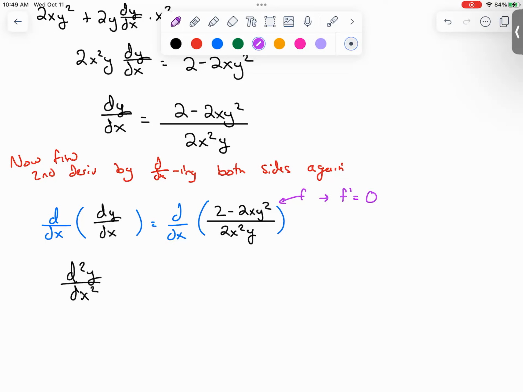So 0 and then plus f prime, so negative 2y squared plus g prime 2y dy dx times negative 2x. The derivative of 2 is 0. The derivative of negative 2xy squared would be negative 2y squared plus 2y dy dx times negative 2x. Writing that a little prettier, that would be negative 2y squared minus 4xy dy dx.